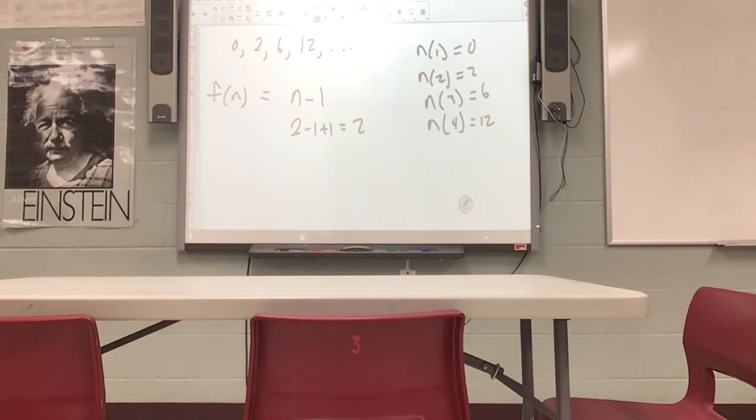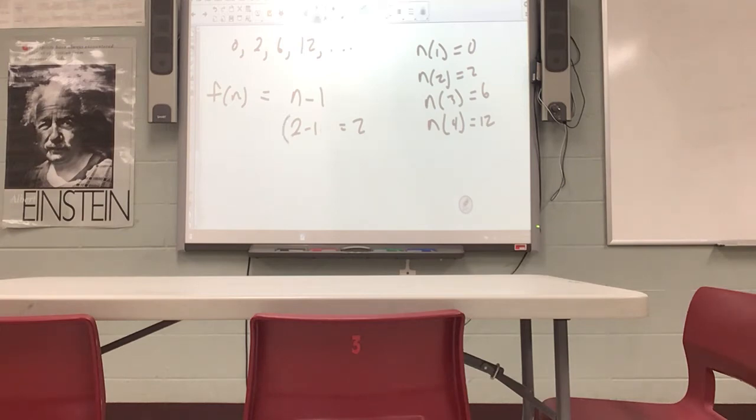Does that work on the first one now? 1 minus 1 is 0, plus 1 is 1. So it doesn't work there. So probably not, we want that one to stay 0. We don't want to add anything to it. 0 times anything stays 0. So instead of adding something here, let's think about what we could multiply by. Times 2.